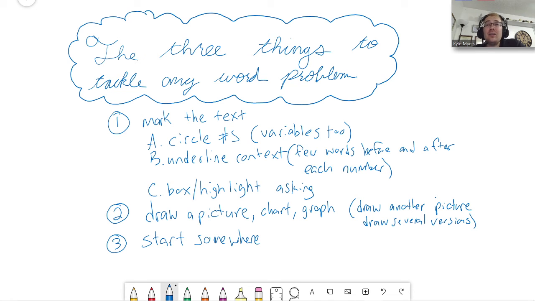And a lot of times I don't know how to get the answer right off the bat too. If it's a really long word problem, sometimes I don't know exactly what to do to get to the answer, but what I do is I just start. If you don't know how to get to the answer, just start doing something.